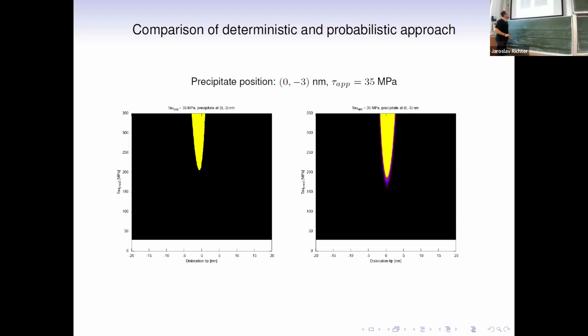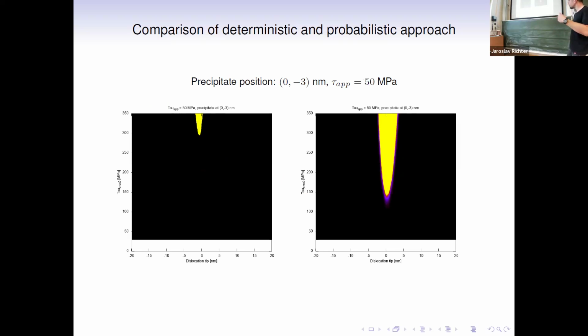This is, for example, the setup for 35 megapascals. And here there is again the left one, the deterministic cross-slip, and here there is probabilistic cross-slip. The yellow one is probability 100%. And the violet one is a probability between 0 and 1. And the black one is 0 probability. So again, very comparable.